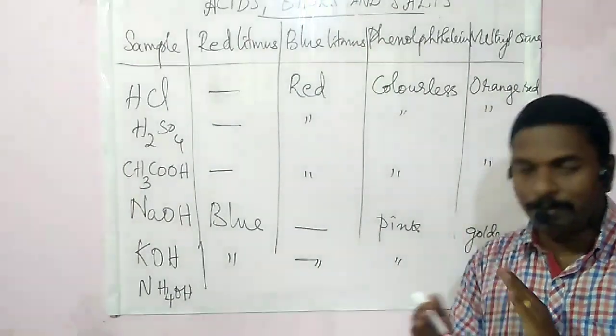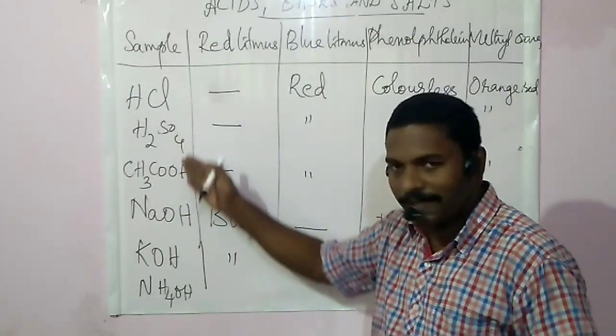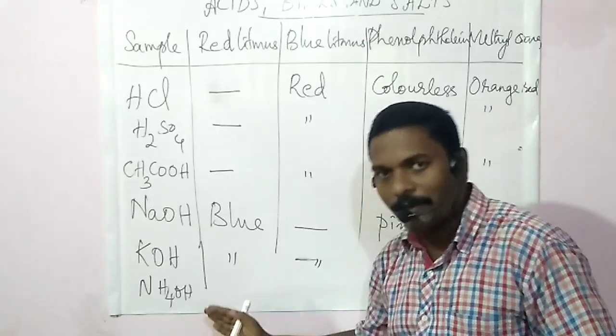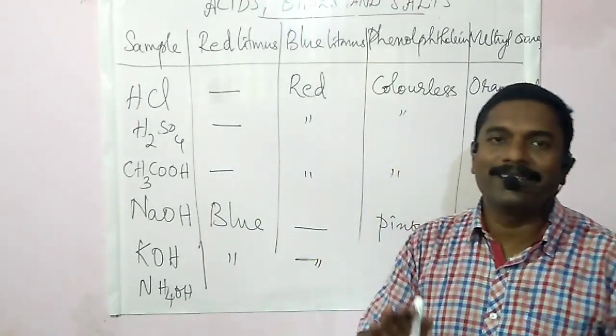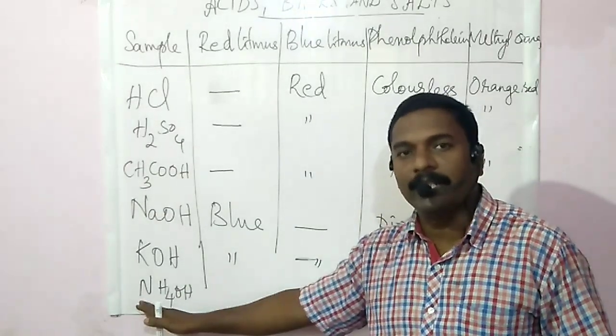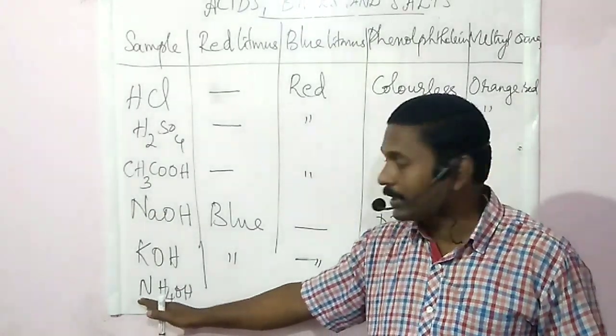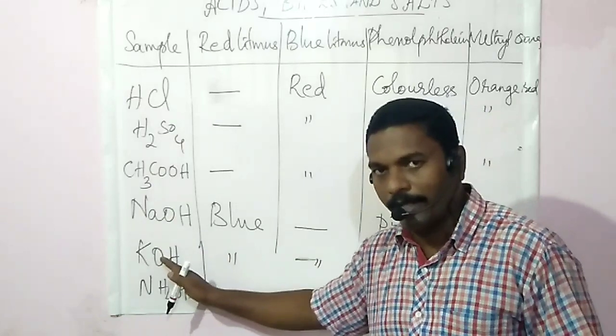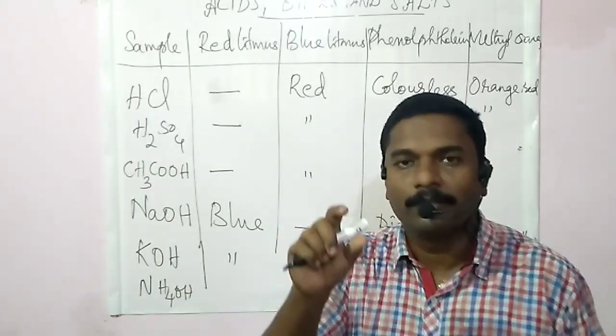But as we know, like acids, bases also have strong and weak types. Here ammonium hydroxide is a weak base, whereas NaOH and KOH are strong bases.